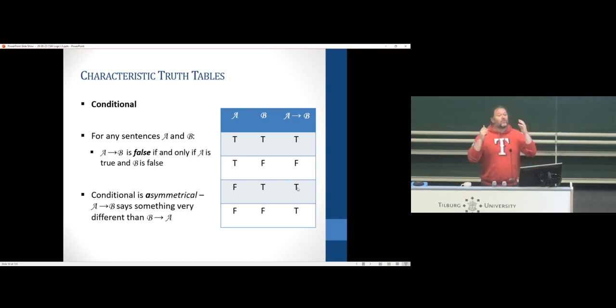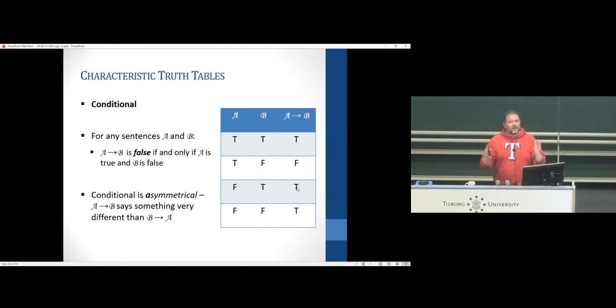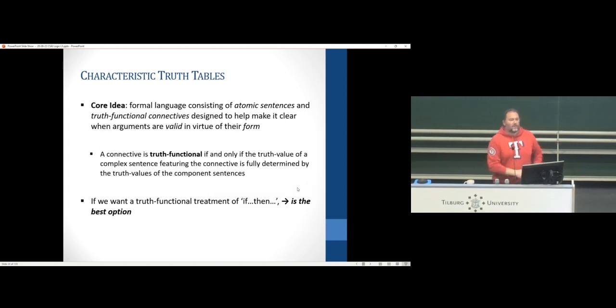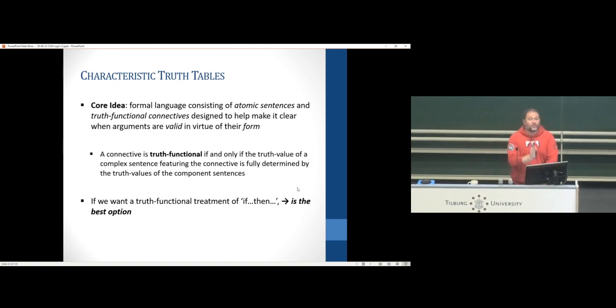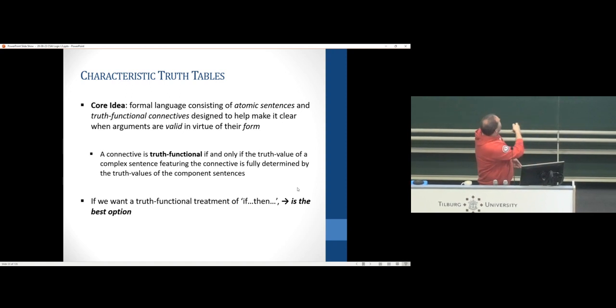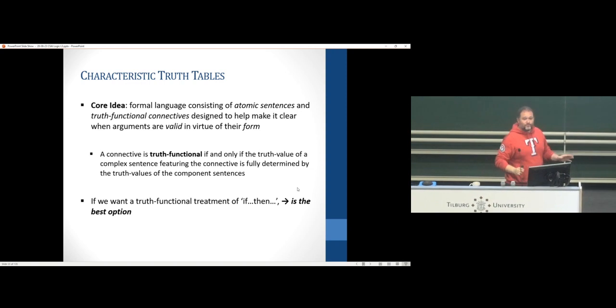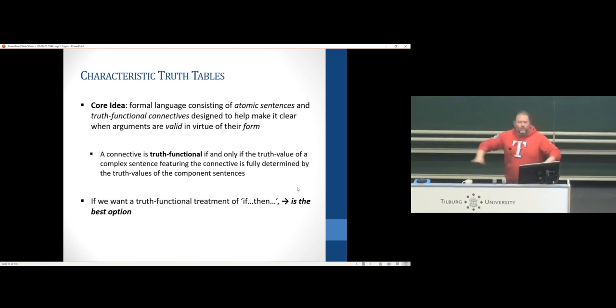Good. So remember what the language is designed to do. Just to go back. This is all we're doing. We are only interested in truth functionality. We are only looking for, is an argument valid in virtue of its form? That's all this tool can do. So we don't care about meaning. We don't care about any of that.